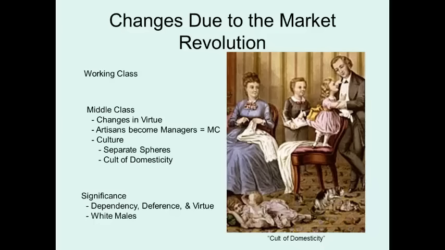And there's going to be less deference to authorities, which means that overall, white males are going to have more autonomy and there's going to be more egalitarianism. And finally, for white males, we will see a greater chance for social mobility.